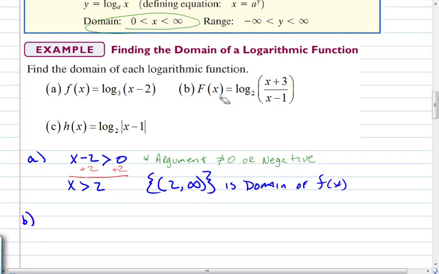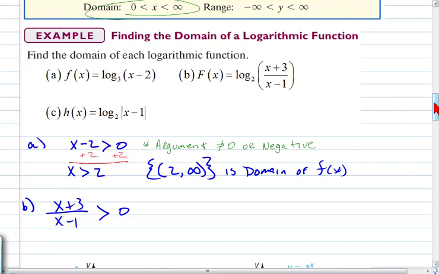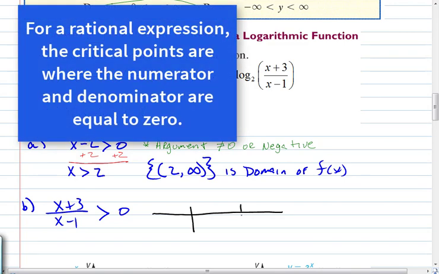Part B. Now I have this function. It's a rational function, and I have to set the argument greater than 0 because the argument cannot be equal to 0 or negative. Well, guys, this is a rational inequality like what we solved last time on our test. So in order to solve this inequality, we're going to find our critical points, divide the number line into intervals, and see which ones make this inequality true.